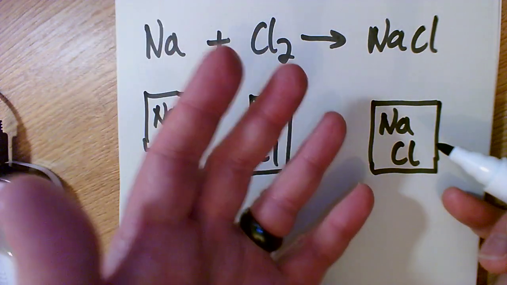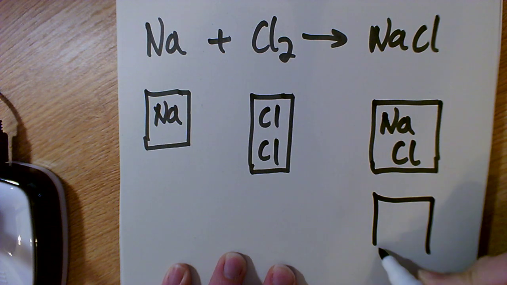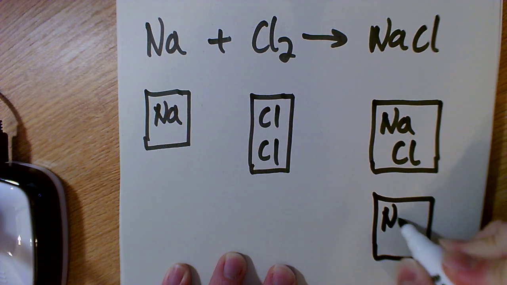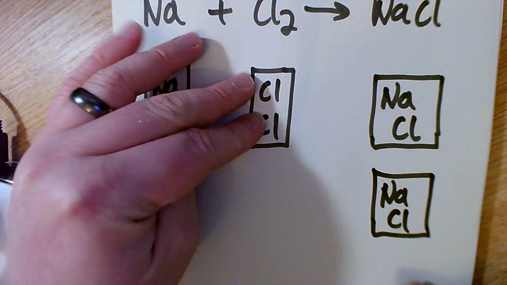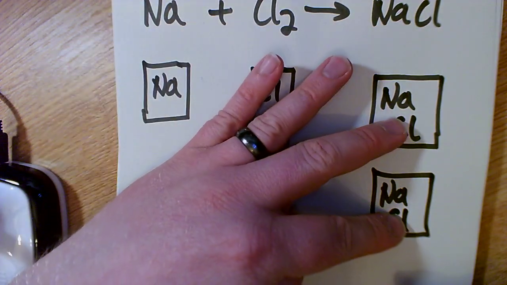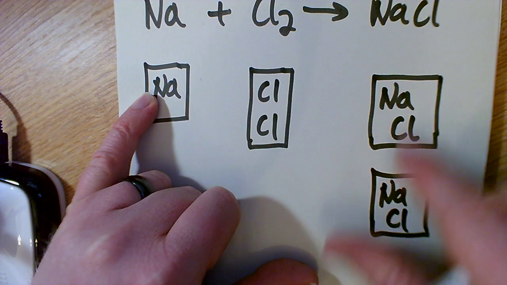So in order to fix it, I need to add one whole box. So now I've got two chlorine atoms and two chloride ions, and that's nice and balanced. However, the sodiums, I hope you can see, are not.